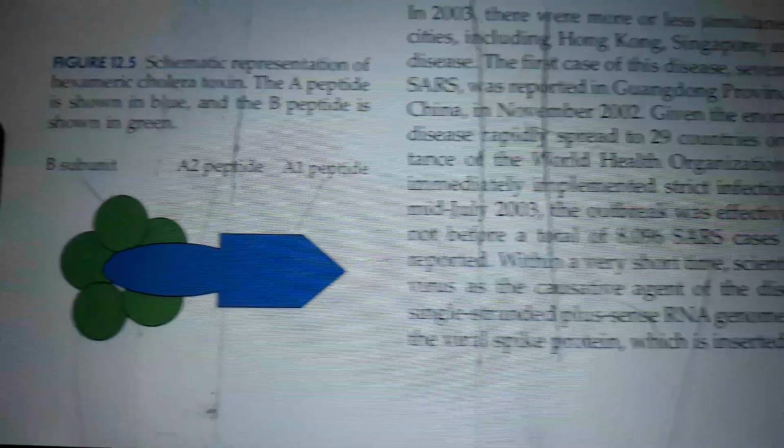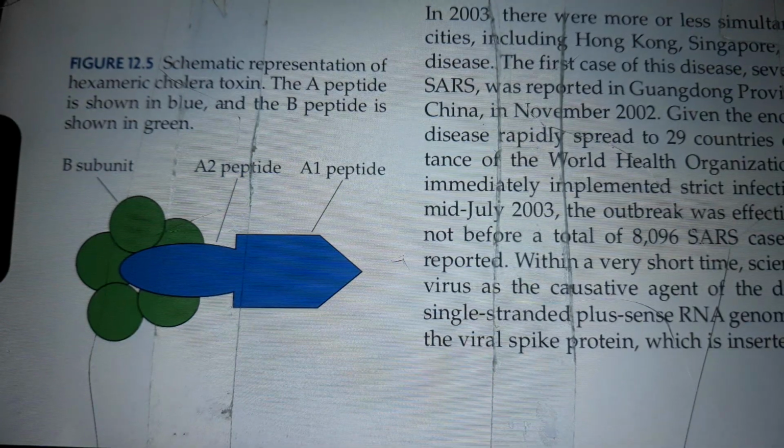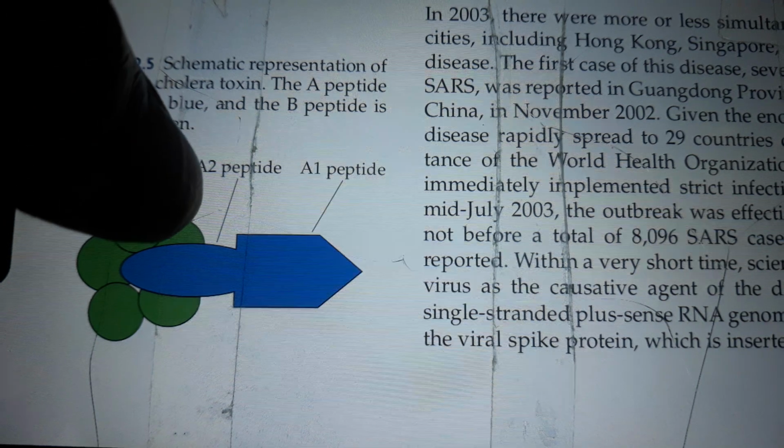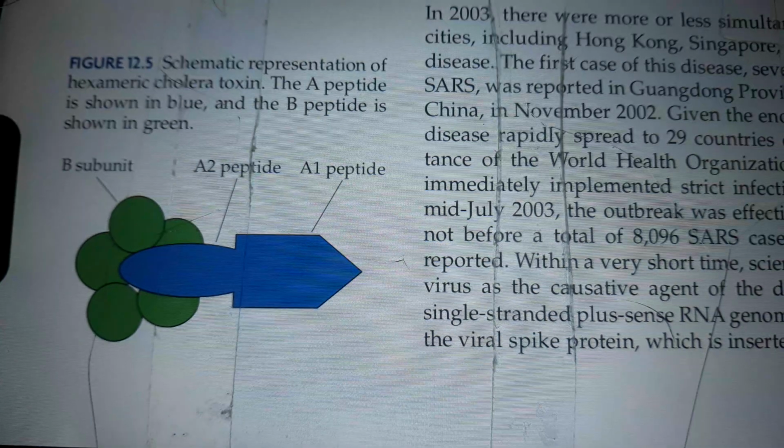Figure 12.4, schematic representation of hexameric cholera toxin. The A peptide is shown in blue and the B peptide is shown in green. B subunit, A2 peptide, A1 peptide, right?